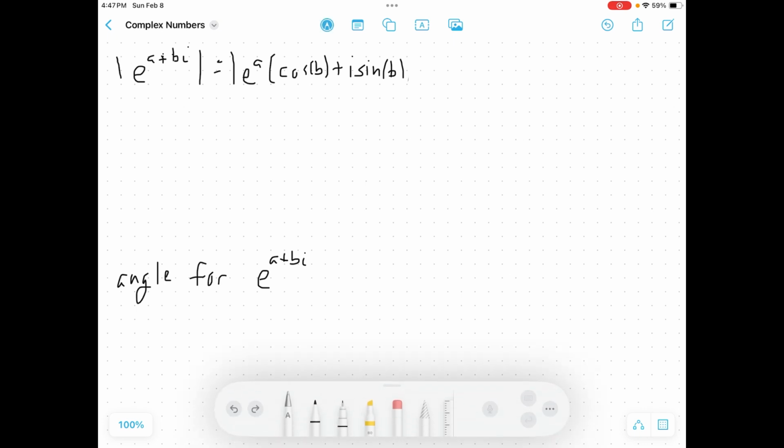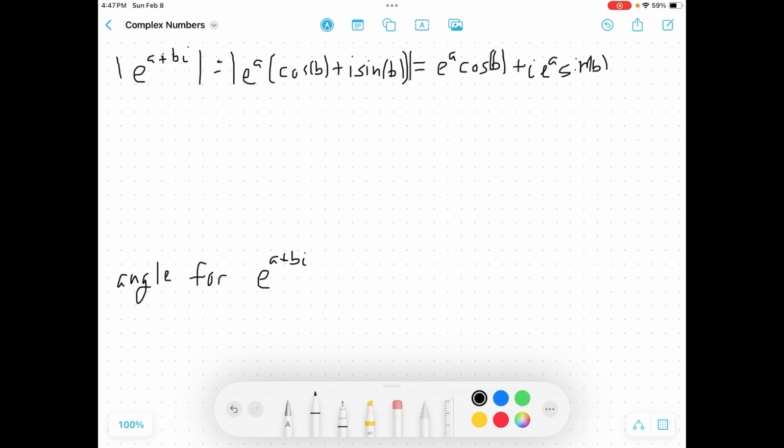If we write this in our rectangular form, we have our real part is e to the a cosine of b, and then plus i times e to the a sine of b.